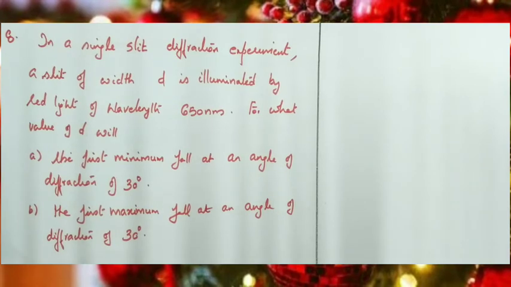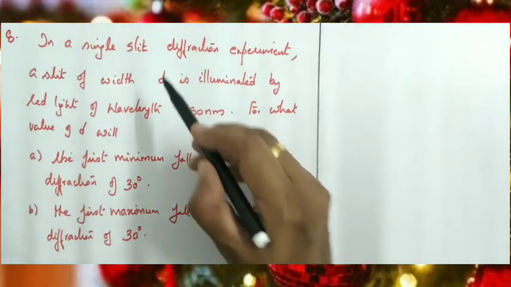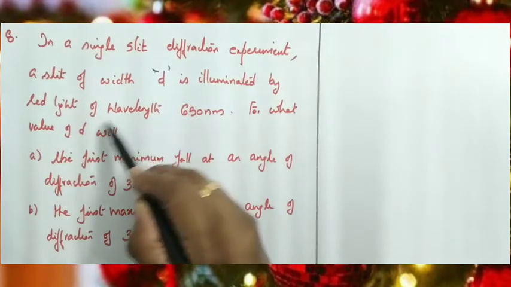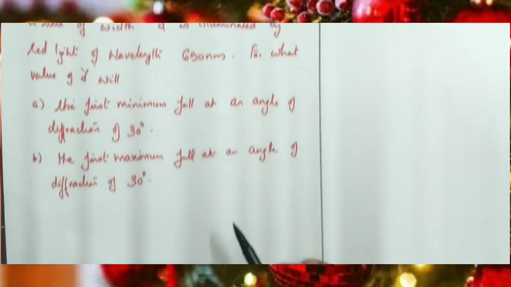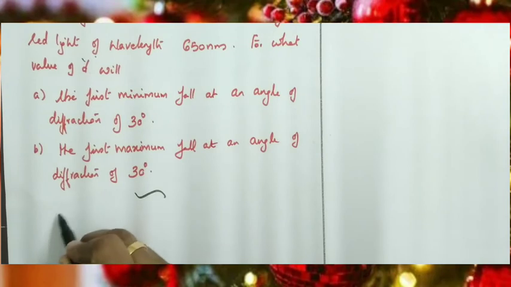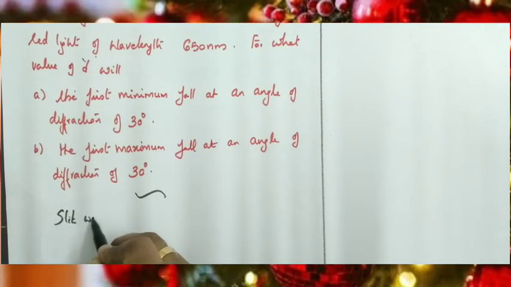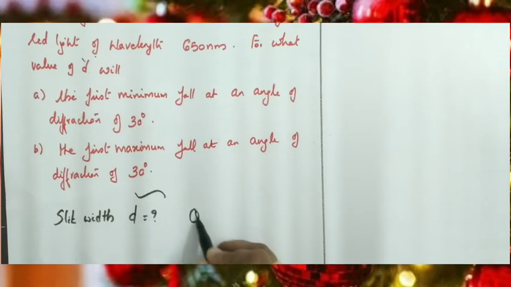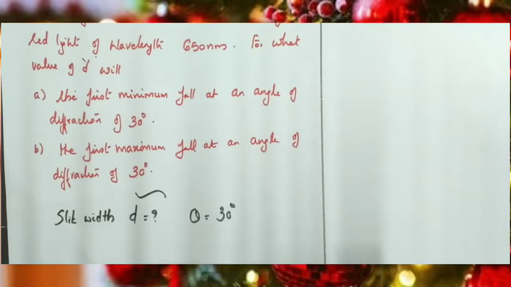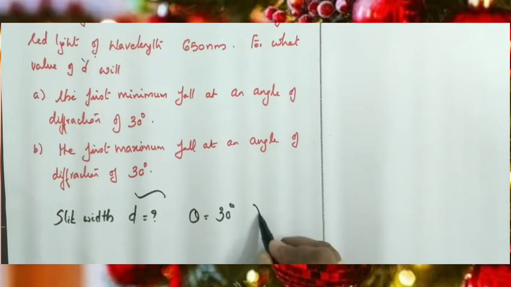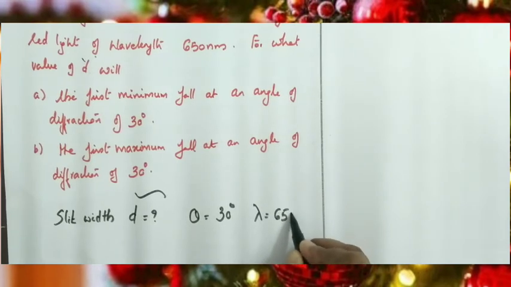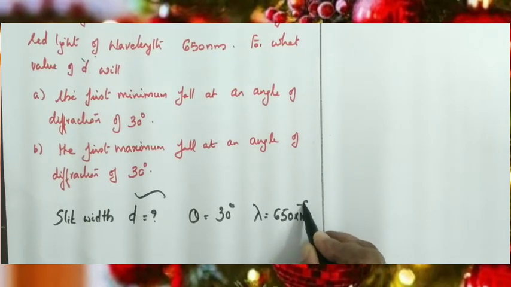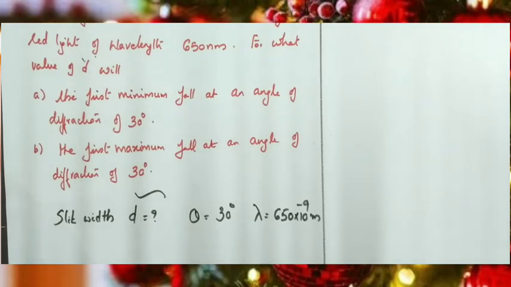So, here we have to find out the slit width d. Angle of diffraction is given as 30 degree. Wavelength is also given, 650 nanometer, 650 into 10 raised to minus 9 meter. So, these are the values given.